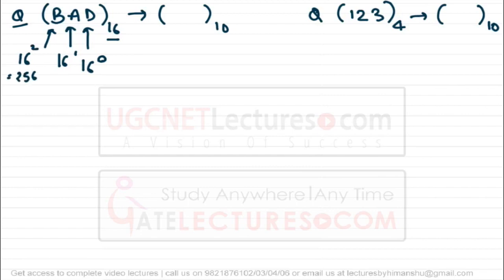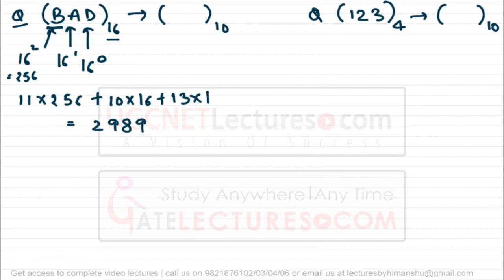What does B represent in the hexadecimal system? We all know B represents 11. So the equivalent number is 11 into 256 plus A, which represents 10, 10 into 16, plus D, which is 13, into 1. You can calculate this later. It comes out to be 2989. So the answer is 2989.